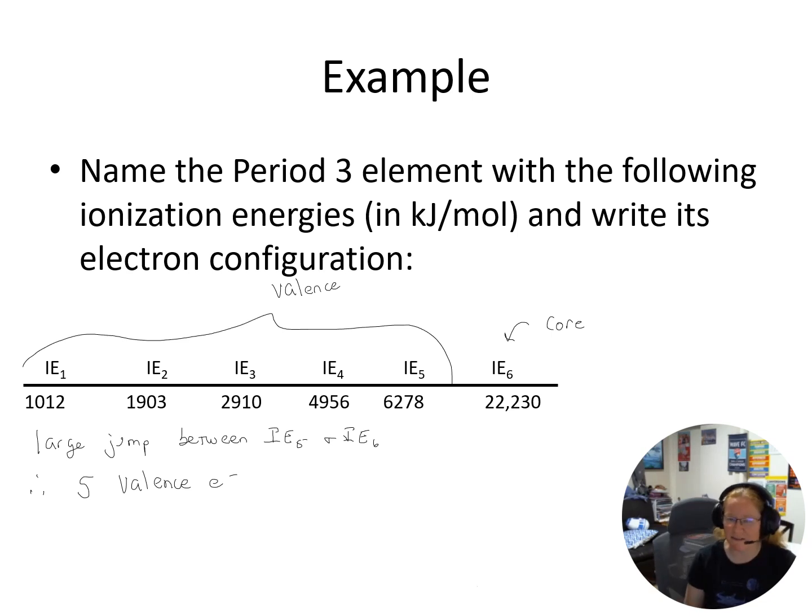So which element in period 3 has 5 valence electrons? Well, take a look at your handy dandy periodic table, and when I look, sodium has 1, magnesium has 2, aluminum 3, silicon 4, phosphorus has 5. So my element is phosphorus.